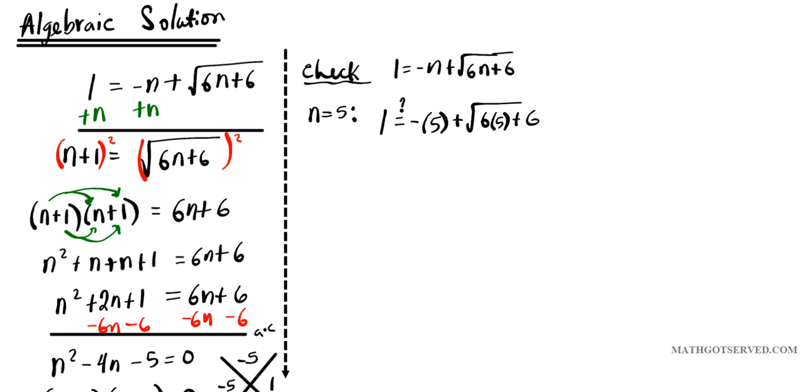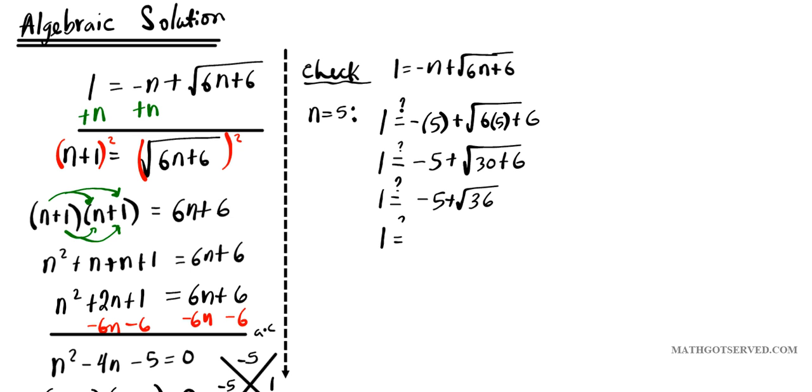Is this a true or false statement? The left side has already been completely simplified, so we'll just use the order of operations to simplify the right side. All right, so we have -5 plus the square root of 6 times 5 is 30 plus 6. And then we have 1. Is it equal to -5 plus the square root of 36?